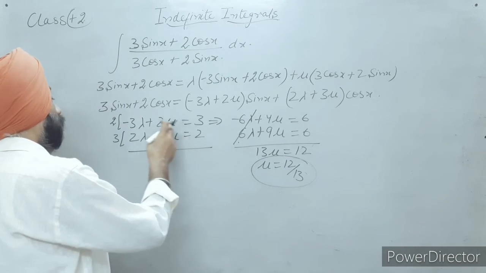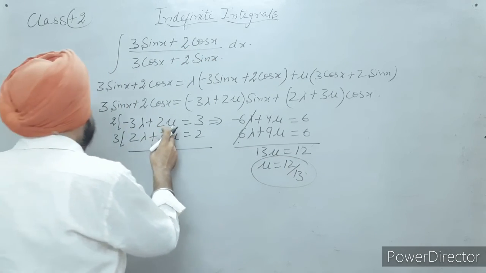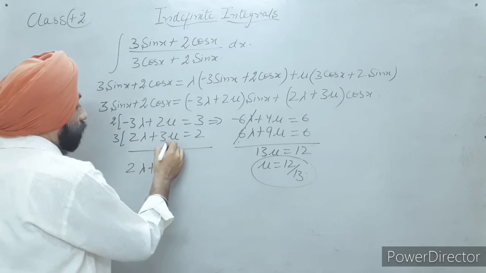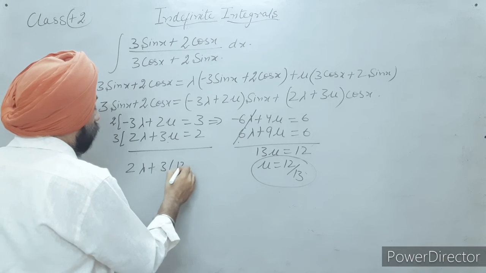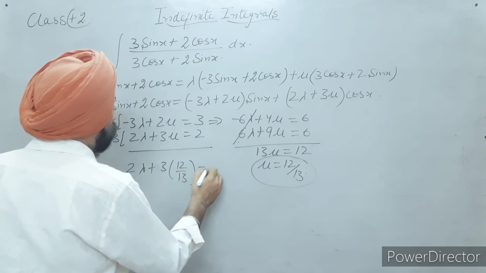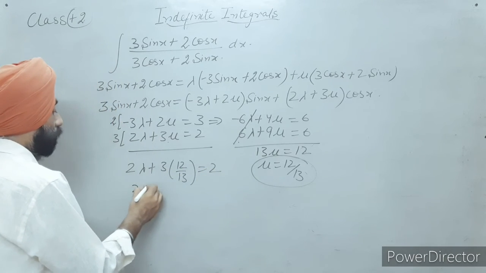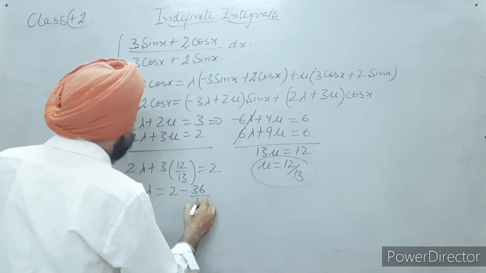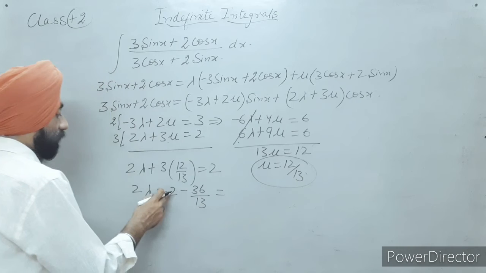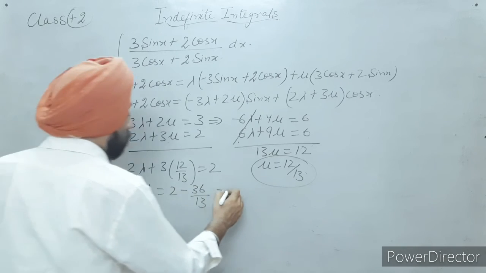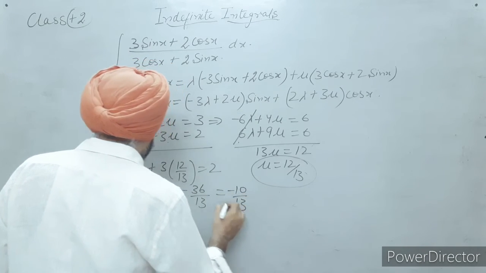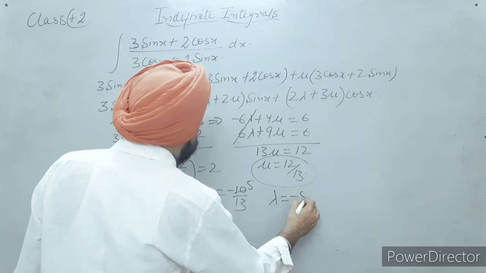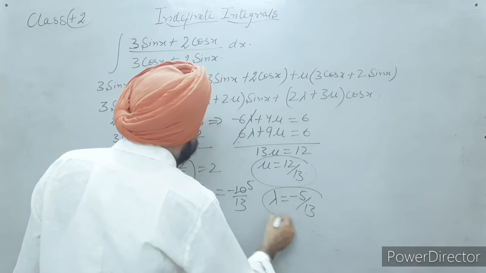Fill the value of mu in any one of the equations: 2 lambda plus 3 times 12 by 13 equals 2. That becomes 2 lambda equals 2 minus 36 by 13, that is 26 minus 36, minus 10 upon 13. So lambda is minus 5 by 13.